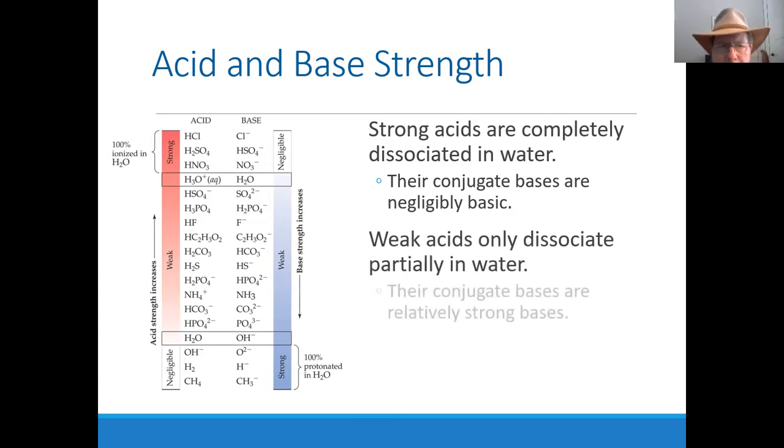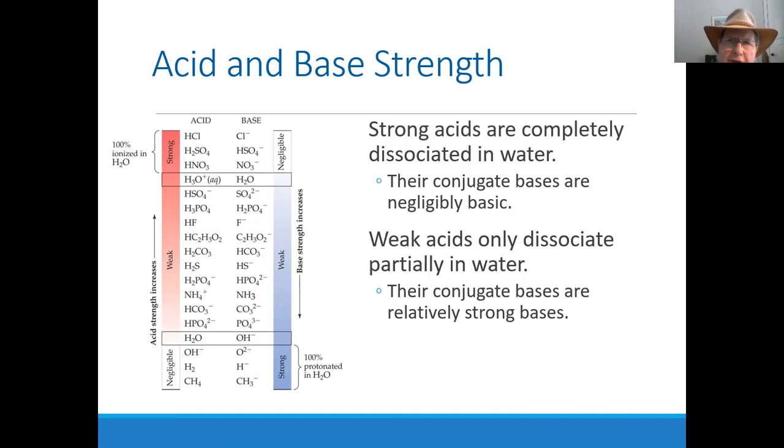On the other hand, if I have a weak acid like acetic acid, like carbonic acid, HF, they only partially dissociate in water. In other words, if I have HF, I don't get 100% of the HF being converted to F minus and H3O plus. I get a little bit of the HF going to F minus and H3O plus.